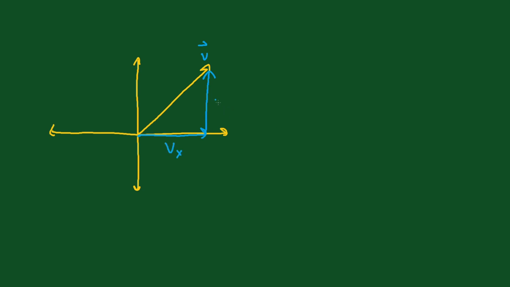I can say vector x plus vector y should equal that total vector there. So put the little vector signs over these, but you get the idea. Remember how to do that. Your components should add together to make your original vector. The same is true in 3-dimensional space.